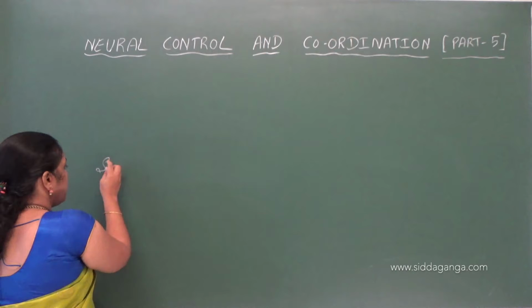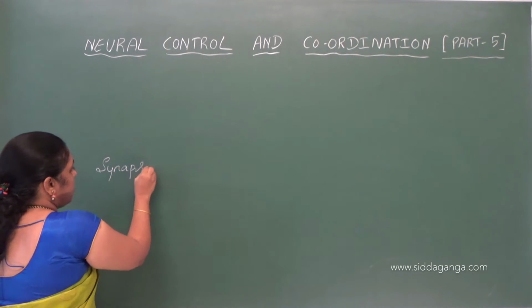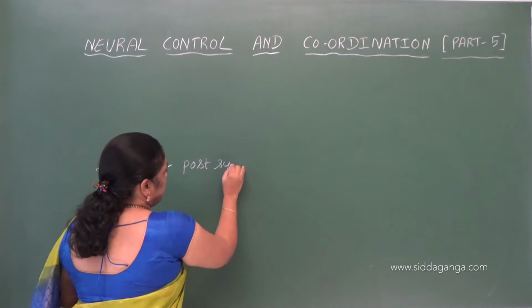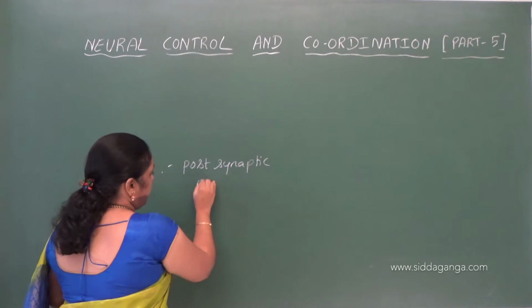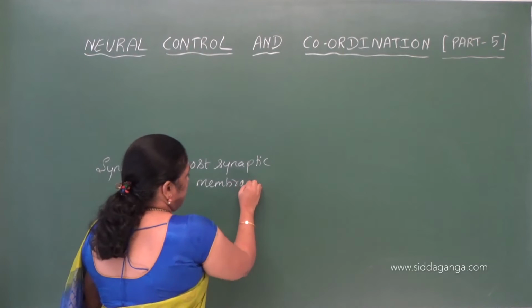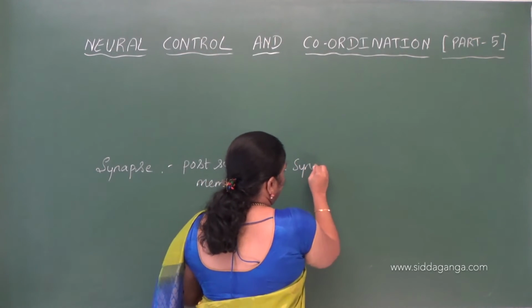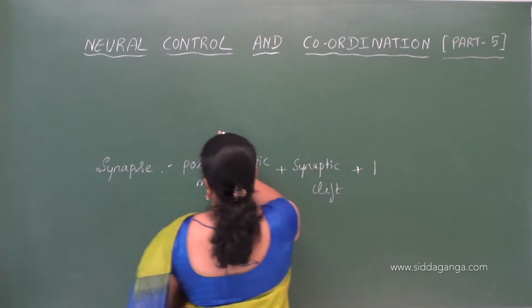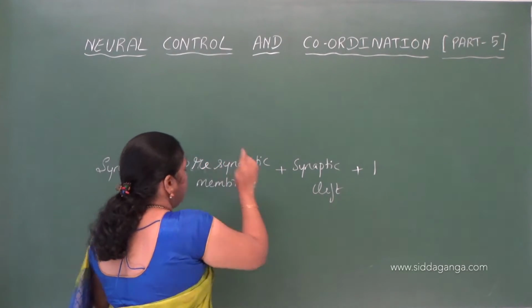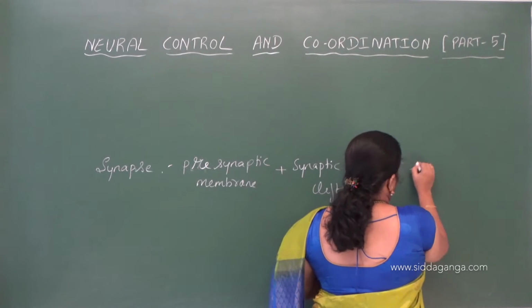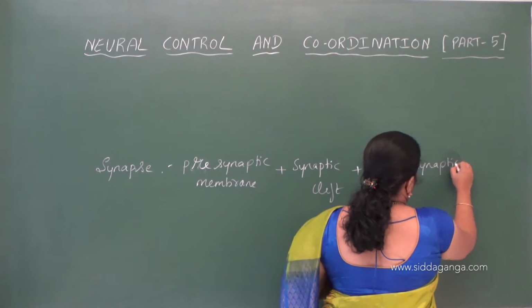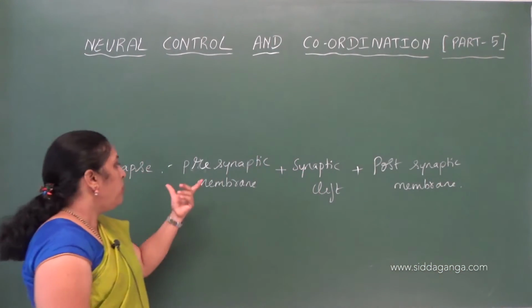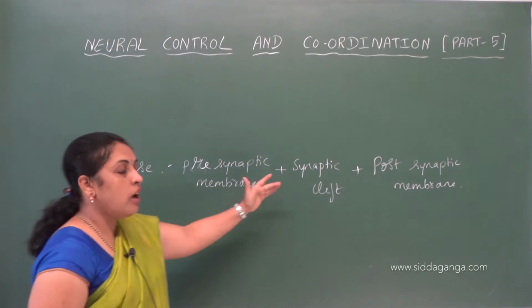That means it includes the postsynaptic membrane, the synaptic cleft, and the presynaptic membrane of the axon.